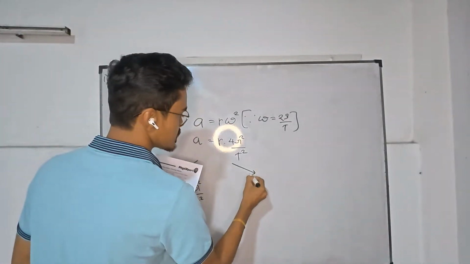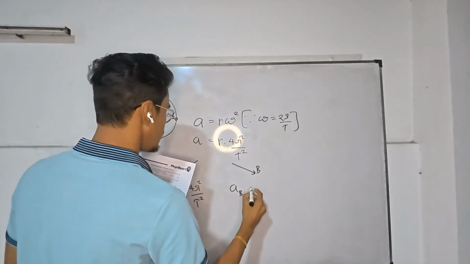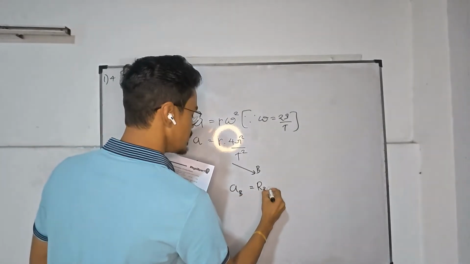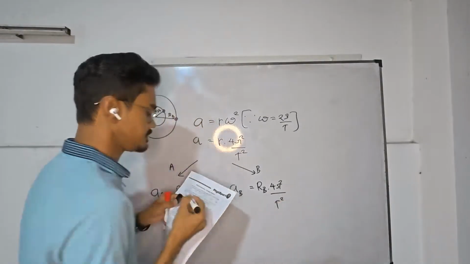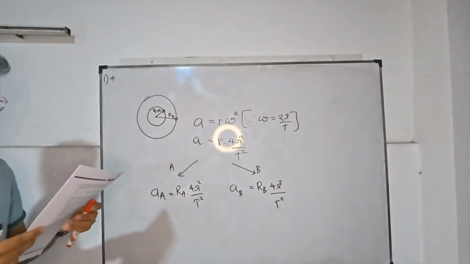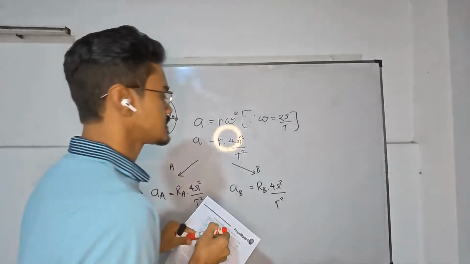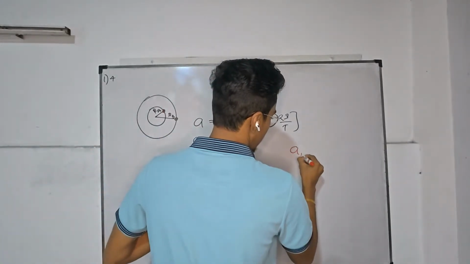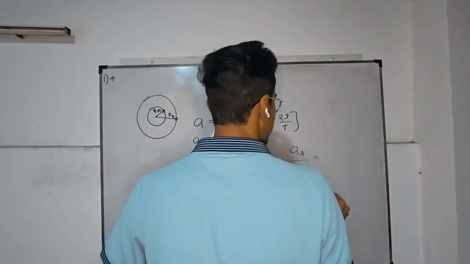And using the equation for B, the centripetal acceleration of B equals RB 4 pi squared over T squared. Now what we need is the ratio of the centripetal acceleration of A to B. So divide these two.